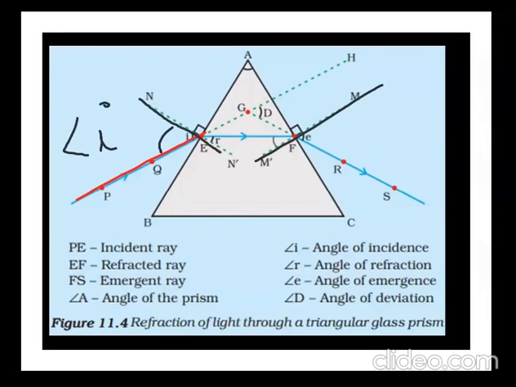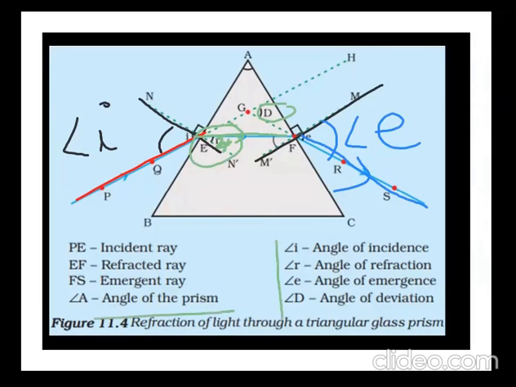Similarly, the angle between the emergent ray and normal is angle of emergence E, and we know the ray is getting refracted, right? Refraction is taking place inside the glass slab, so this is refracted ray. The angle between the refracted ray and normal is your angle R. And last angle is the angle of deviation D, that is the angle between the incident ray and the emergent ray. So these are the angles. Angle of prism already we have done. So I hope this is clear.